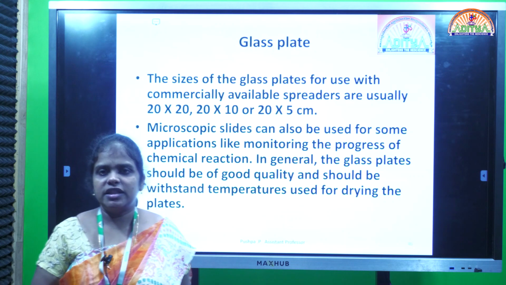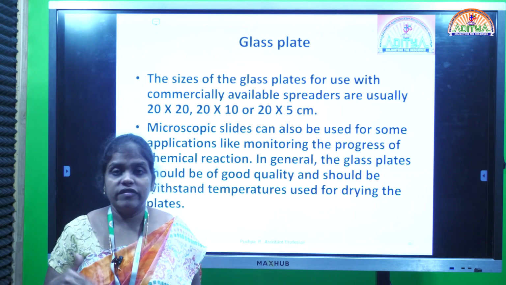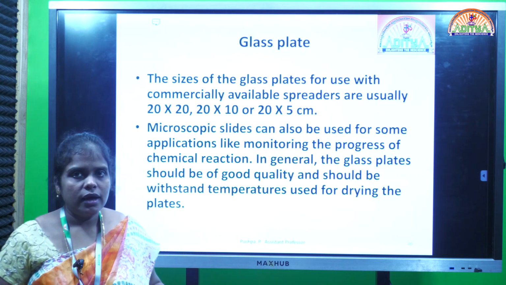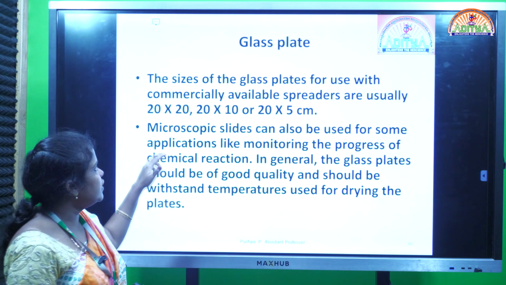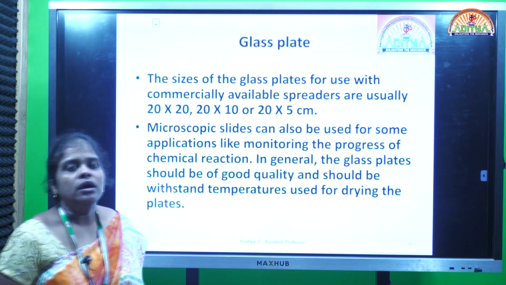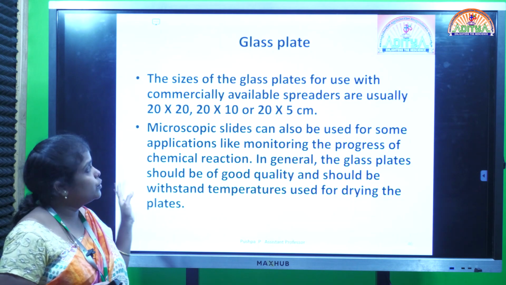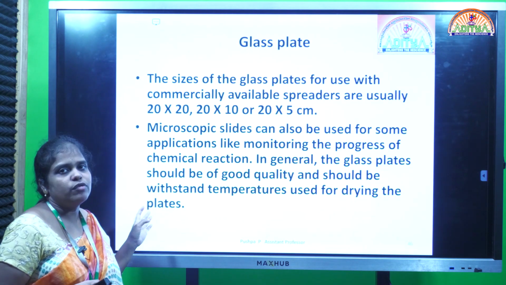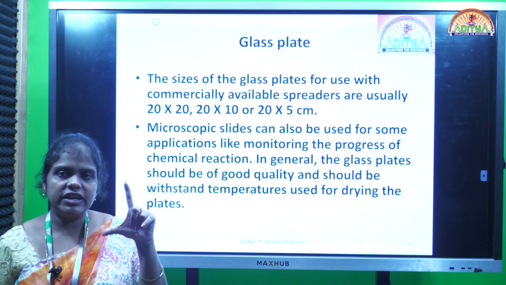It will not react with the components we are separating, or the stationary phase, or the mobile phase. The dimensions of the TLC plate we take are 20 by 20, 20 by 10, or 20 by 5. Those are the dimensions, length and diameter, of the glass TLC plate.